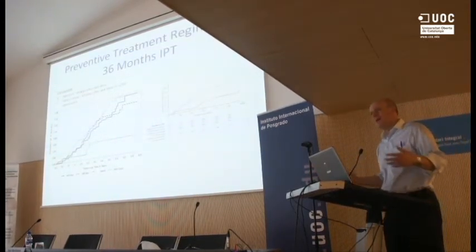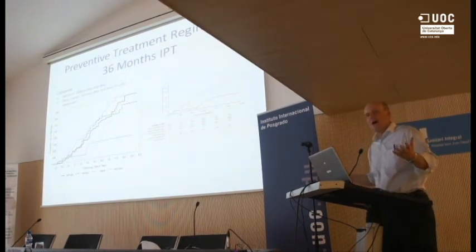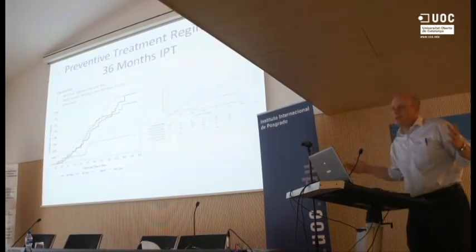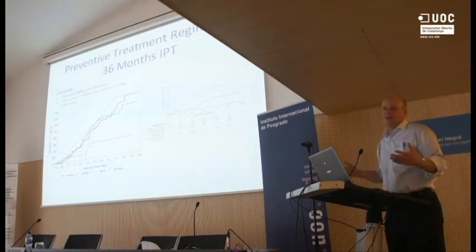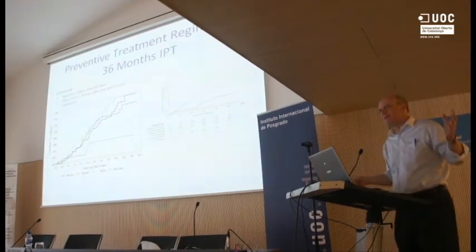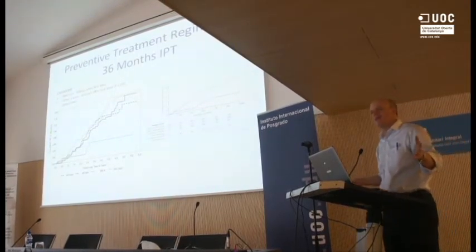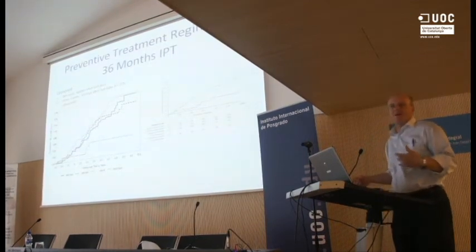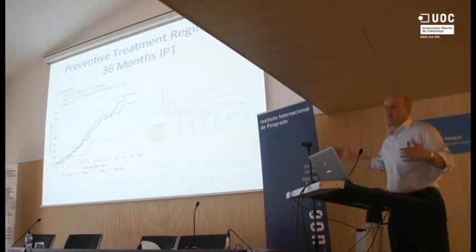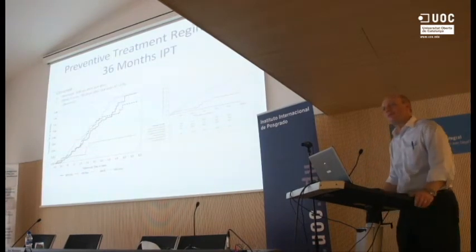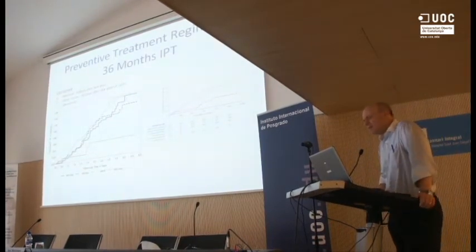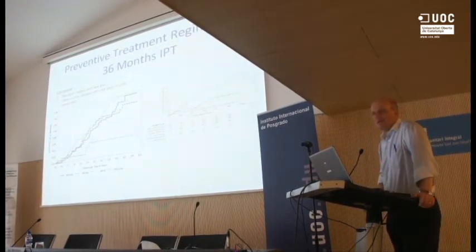It might be that the force of reinfection is so high that people need to be receiving isoniazid on an ongoing, continuous basis, much like you give cotrimoxazole to prevent pneumocystis and other bacterial infections, to prevent people with HIV from getting active tuberculosis.